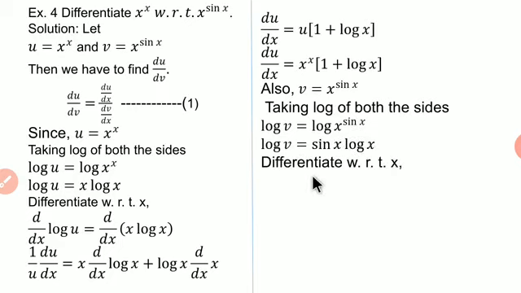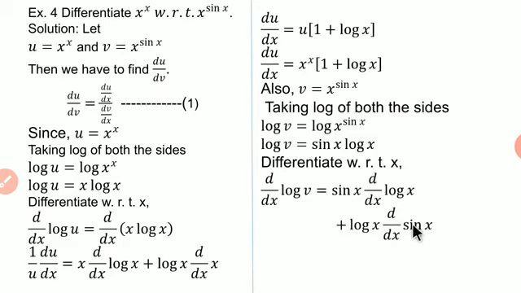Now differentiate with respect to x, we get d by dx of log v is equal to, using the uv rule, sin x into d by dx of log x plus log x into d by dx of sin x. Taking the derivatives, we get 1 upon v dv by dx is equal to sin x into 1 upon x, means sin x upon x, plus log x into the derivative of sin x, which is cos x.